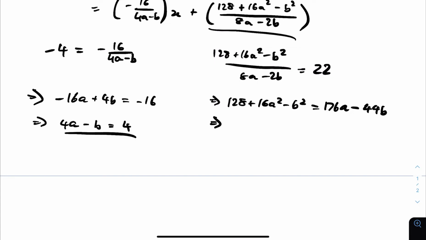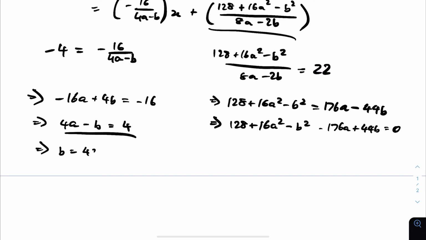So what we get is 128 plus 16a squared minus b squared, and I'm just going to subtract it, minus 176a plus 44b is equal to 0. Now what I want to do is write this in terms of one of these values and then substitute it into the equation. So let's solve for b. So b is equal to 4a minus 4.